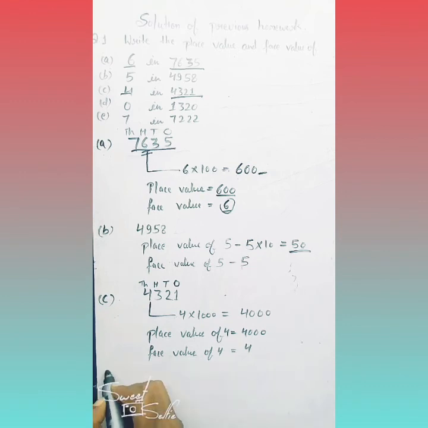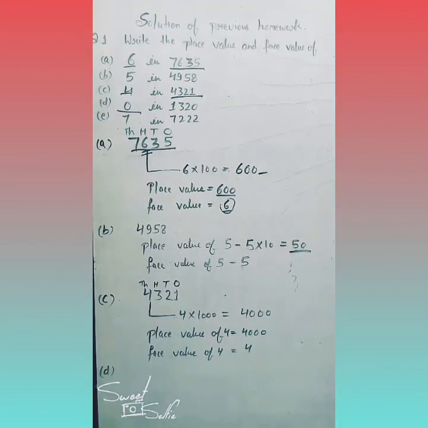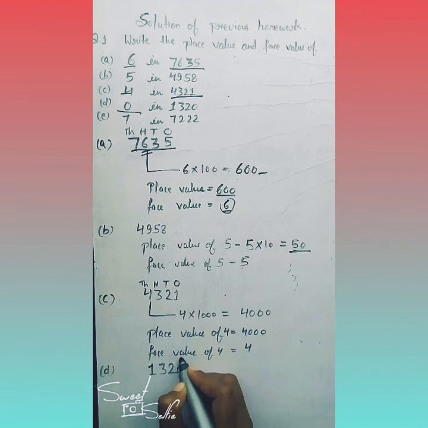Now look at D. We have to find out 0 in 1320. We can see ones, tens, hundreds and thousands.